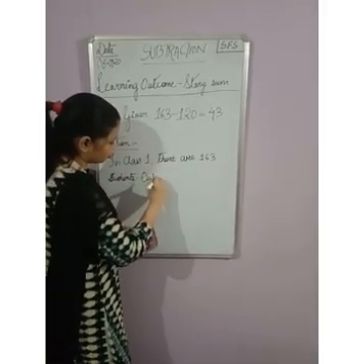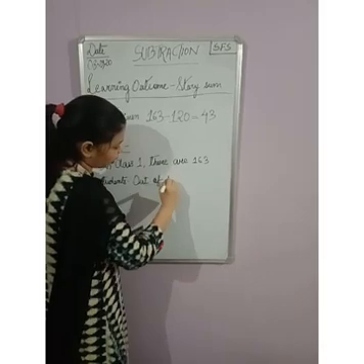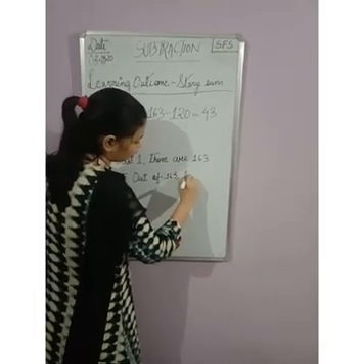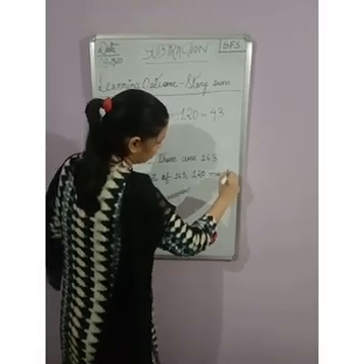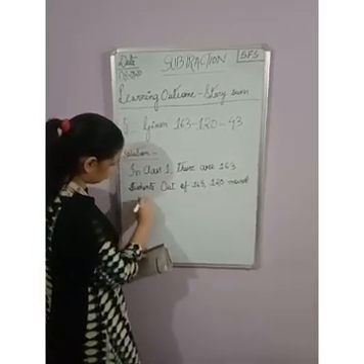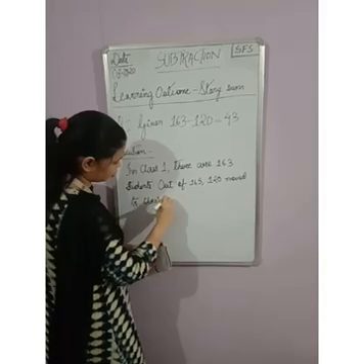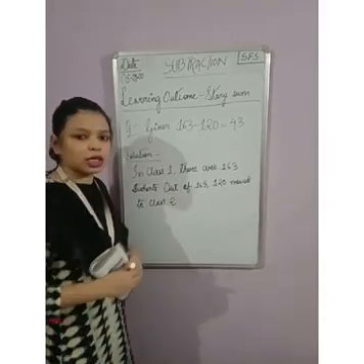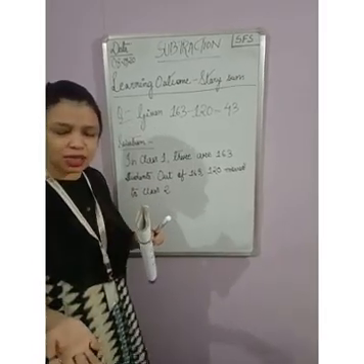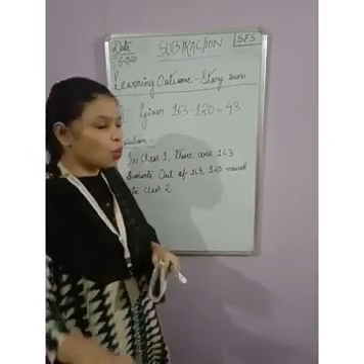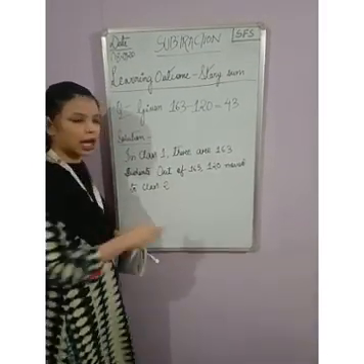Out of 163, 120 move to class 2. So there I have taken the story sum as: in class 1 there are 163 students, and out of 163, 120 move to class 2.